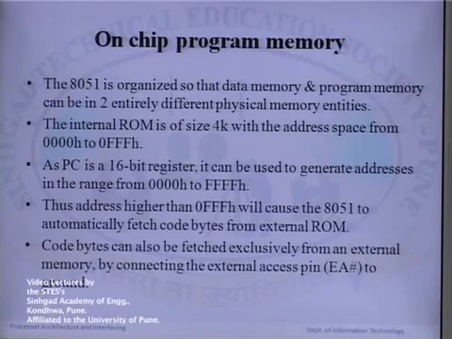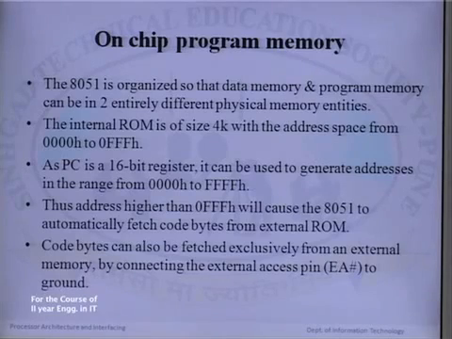The internal ROM is of size 4K, so obviously the address range for it will be 0000H to 0FFFH. The program counter is a 16-bit register which is used to generate addresses in this range, so that a particular location in ROM is accessed and the required byte is fetched from the memory as an instruction.